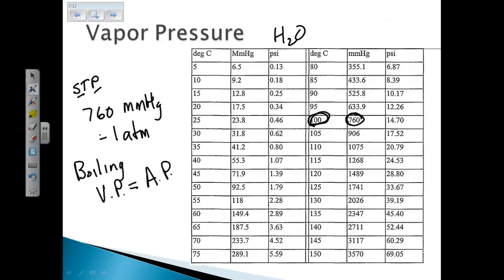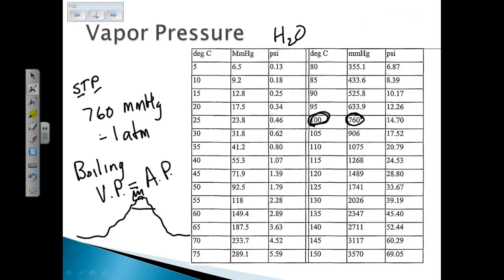What happens as we go up mountains, in like Denver, Colorado? We have the Mile High City. Here it is. Hi. Well, the atmospheric pressure goes down. And if the atmospheric pressure goes down, that means that the boiling point of something will go down, and that is a colligative property.